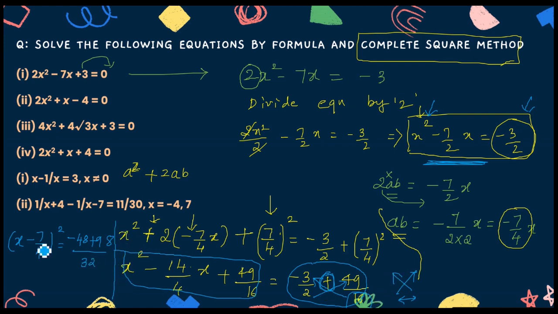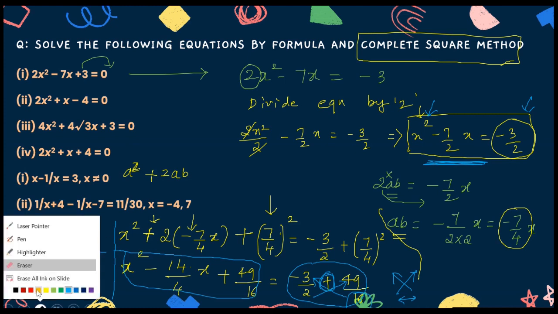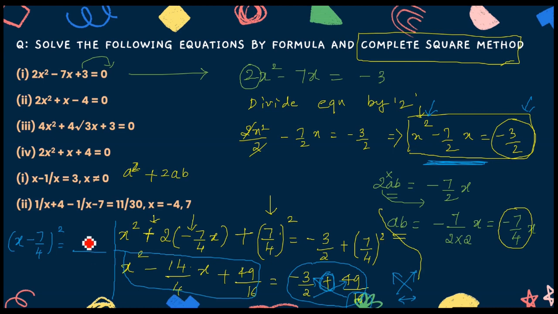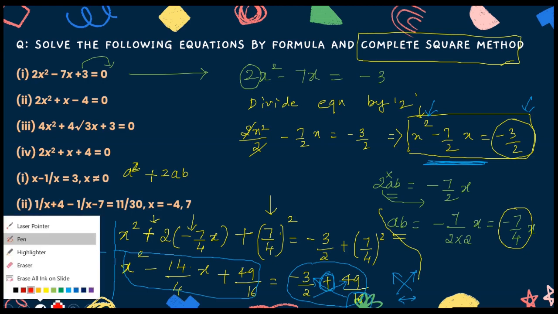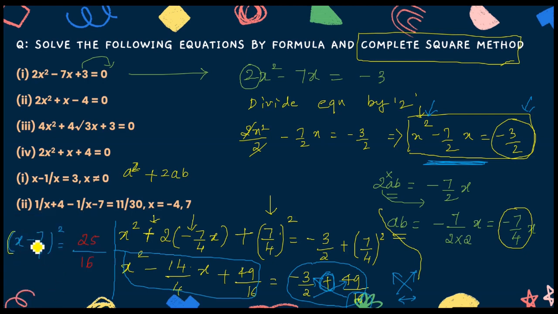Okay, let me draw a line here. So now minus 48 plus 98 will be what? That is 50. 50 by 32, if I cancel, I will get 25 by 16. Now 25 by 16 is equal to (x minus 7 by 4) whole square.